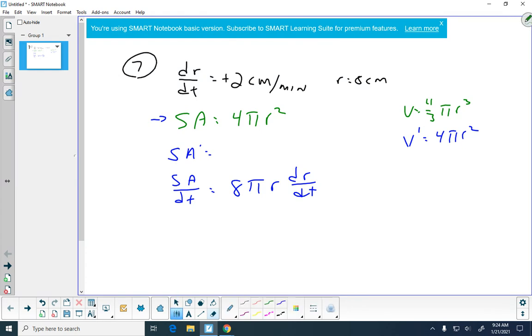We know the radius is 8, and we know dr/dt is 2 centimeters per minute. So we multiply these together, we get 128 pi centimeters squared per minute. Just looking at dimensions, centimeters times centimeters gives centimeters squared.